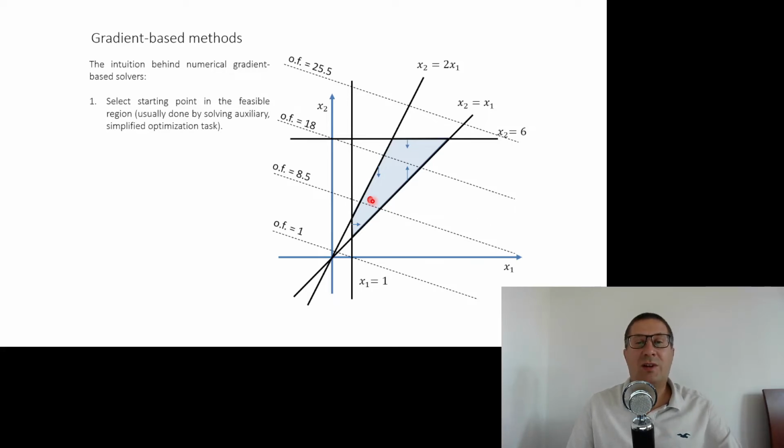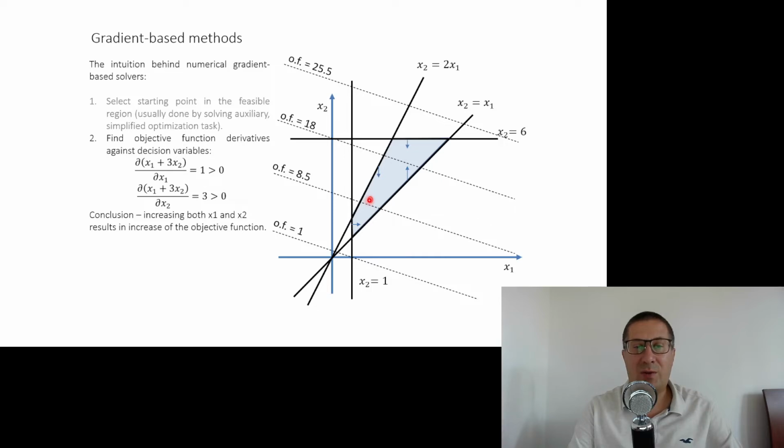This is a simplified task where we try to minimize how much we are violating constraints. This is also an optimization task, right? If we are not violating constraints, it means that we found the minimum, which is 0. It means that we are within the feasible region. It is done automatically by those methods.